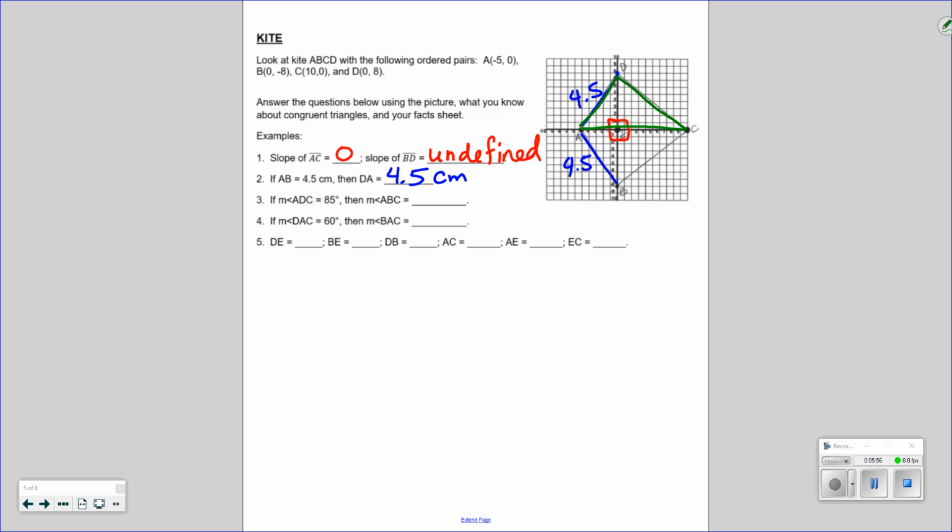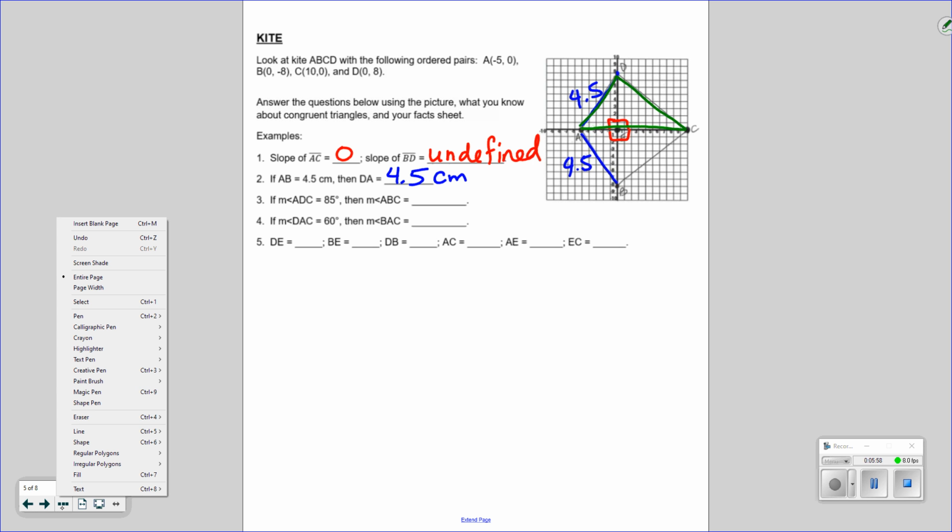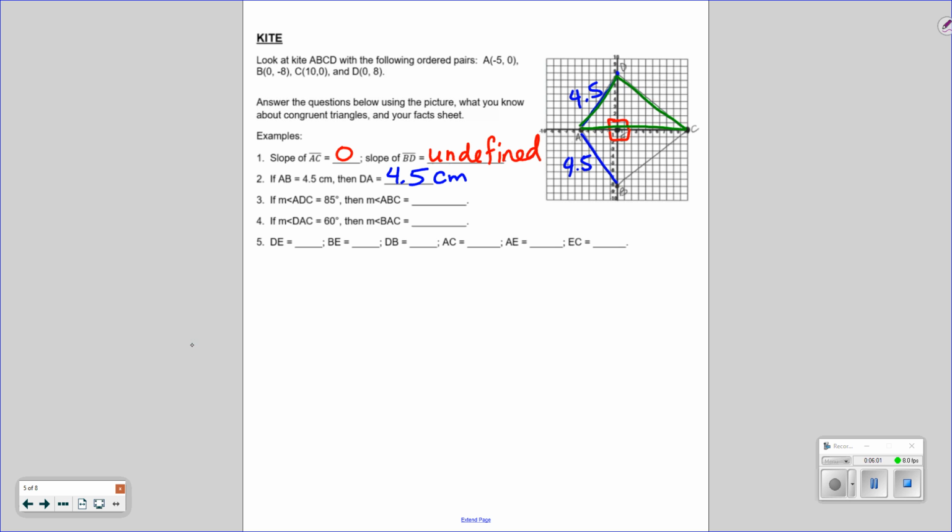So triangle ADC, and let's compare that to triangle ABC. These two triangles are congruent because they share this side. It's congruent to itself by reflexive property. We know that the distinct adjacent sides are congruent. And these are congruent. So therefore, by side, side, side, those two triangles are congruent. And by CPCTC, all the other parts would be congruent as well.